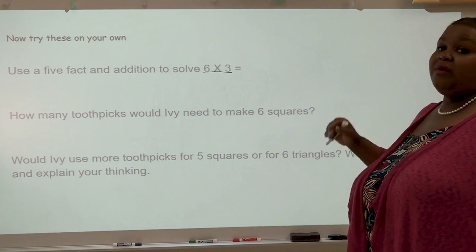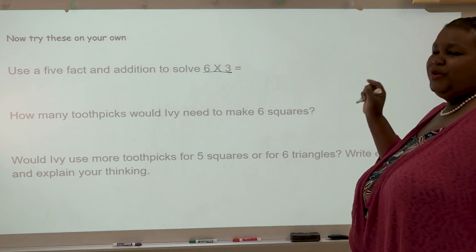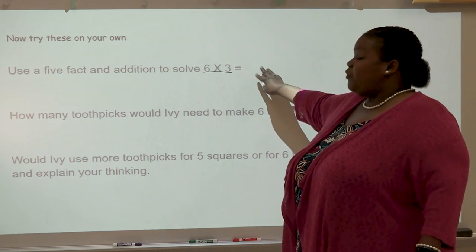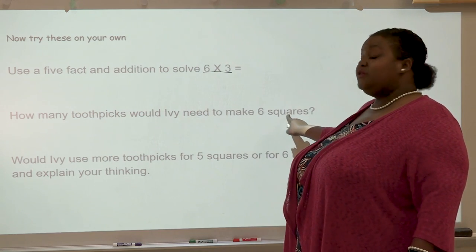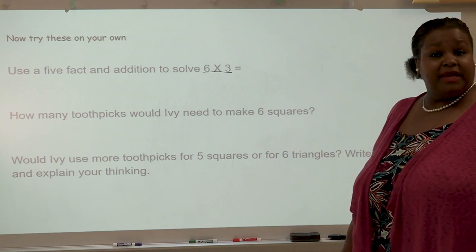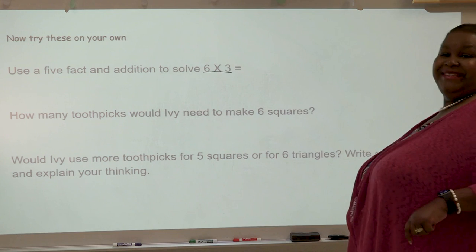So I'm asking you to work on 3 problems. I'm going to step back and give you 1 whole minute to work on these 3. Just like we had worked this, making this into a 5-fact and addition, 6 squares, and would Ivy use more toothpicks for 5 squares or for 6 triangles? Work on it, please.